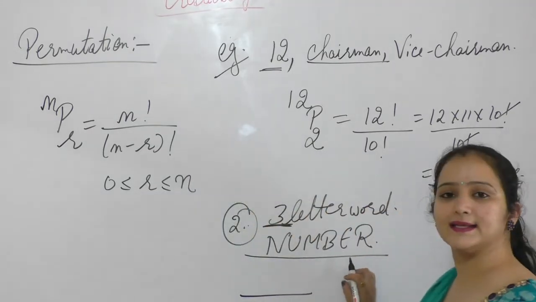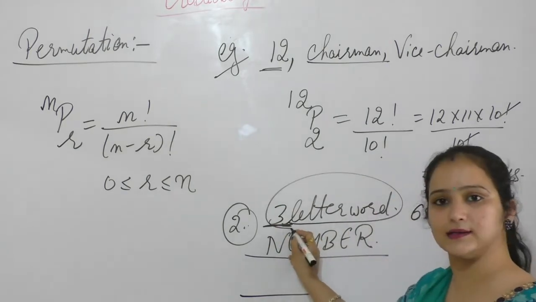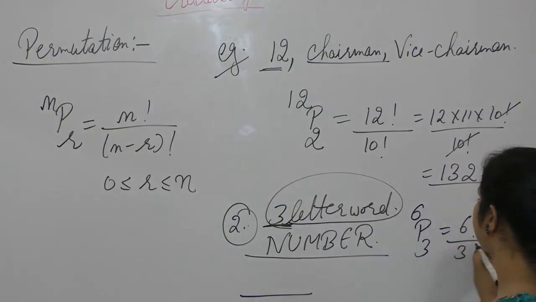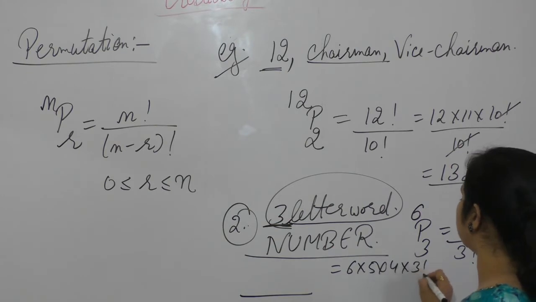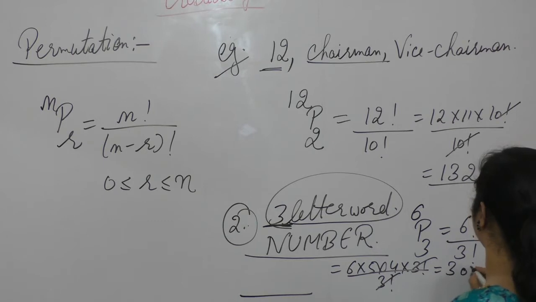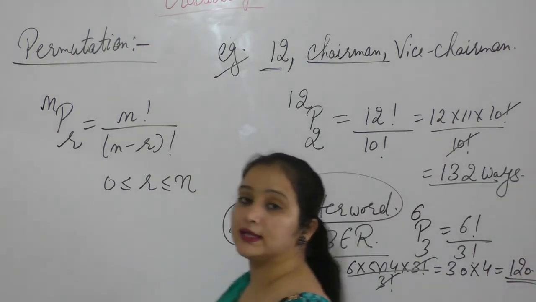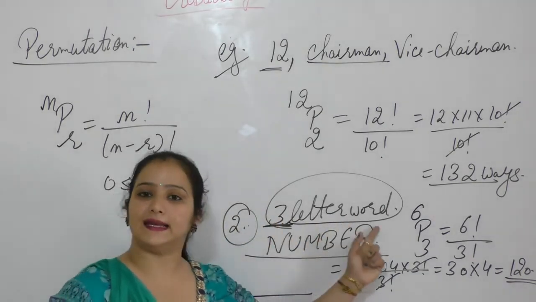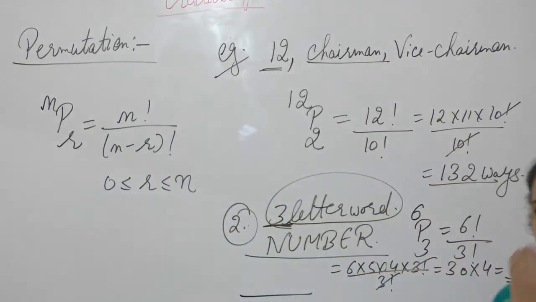The word number has 6 letters and you will have to make a word with 3 letters. So 6P3, 120 ways. So there are 120 ways to make a 3-letter word out of the word number. Note it down.